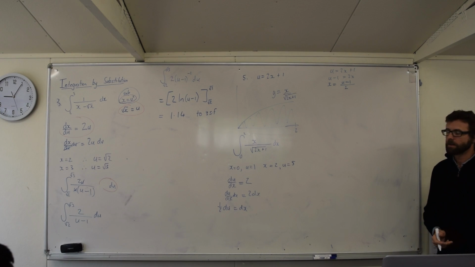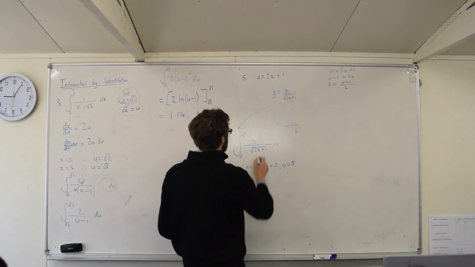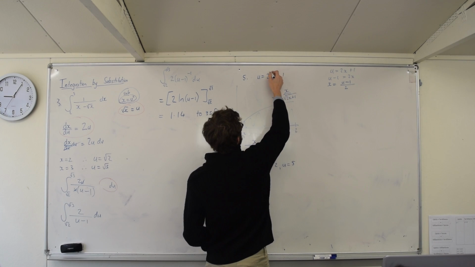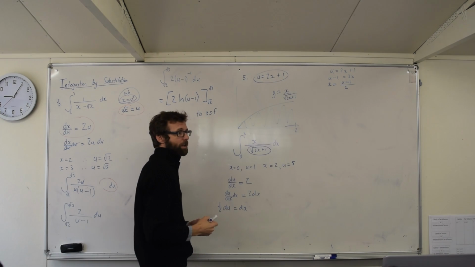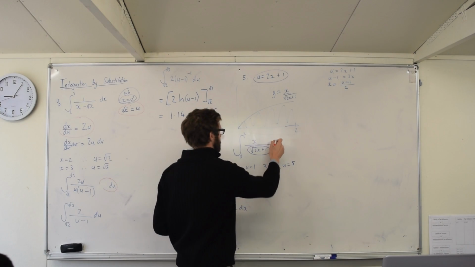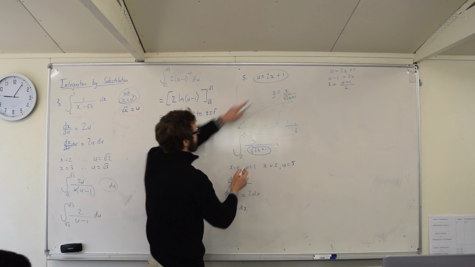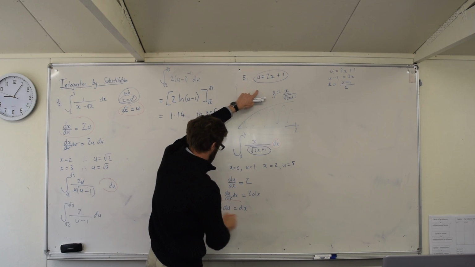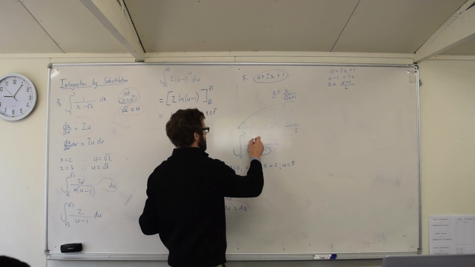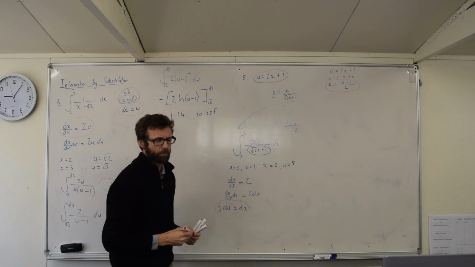Okay, so let's just refresh our memories here. We've got this from this, essentially, and we've got this also from that, but we've dealt with that over here, and we've got this bit here by rearranging that bit there.